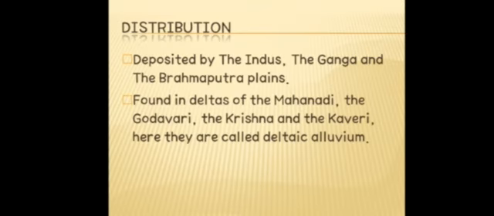Other features, first distribution: this soil is formed by the Indus, Ganga and Brahmaputra and is also found along the Mahanadi, Godavari, Krishna and Kaveri rivers, and in the eastern coastal plain. This type of alluvial soil is known as deltaic alluvial soil.